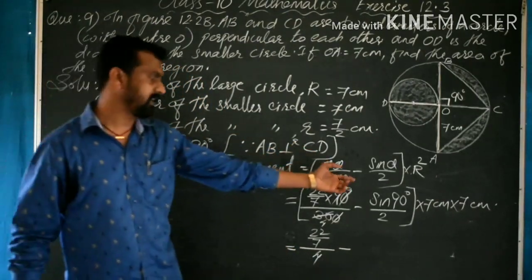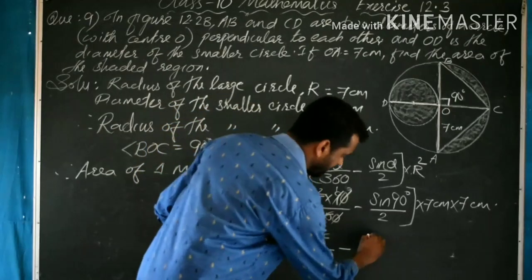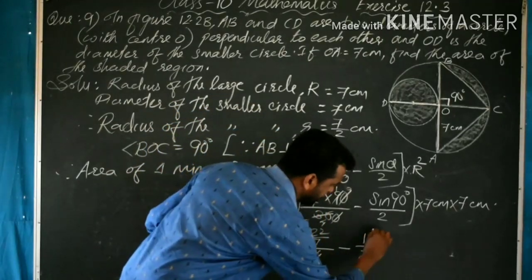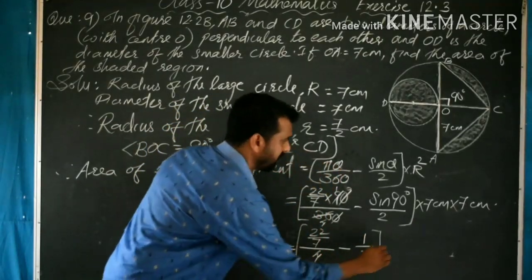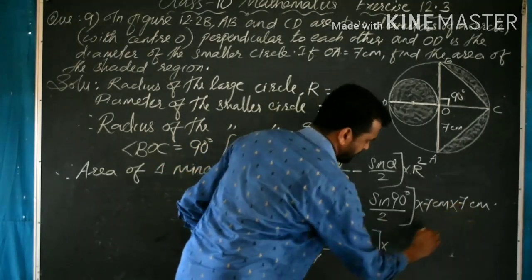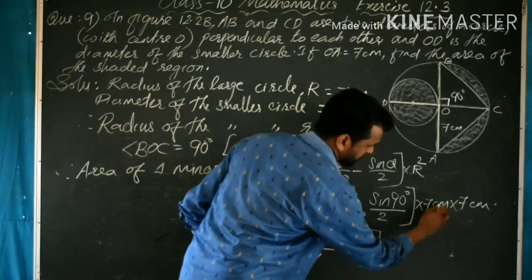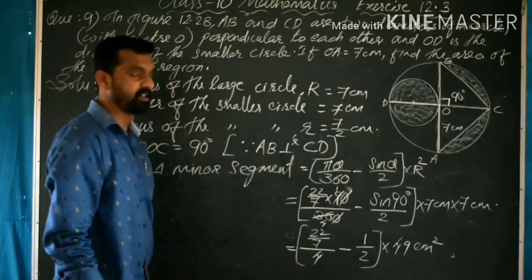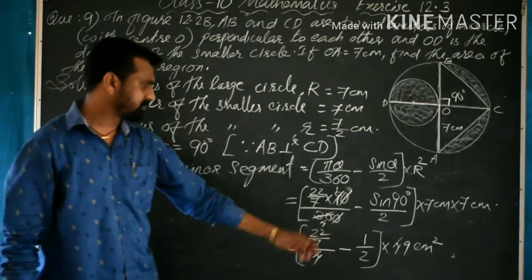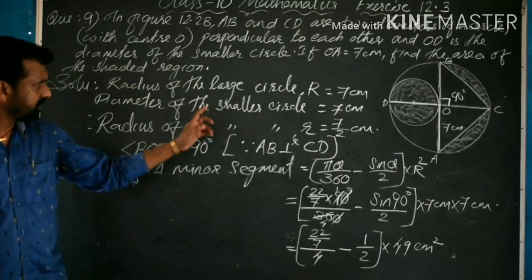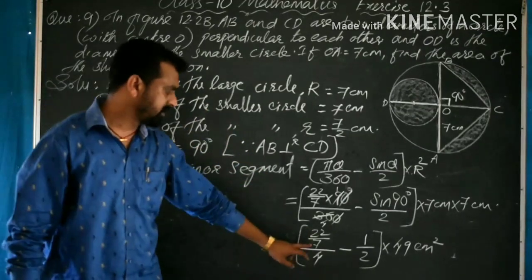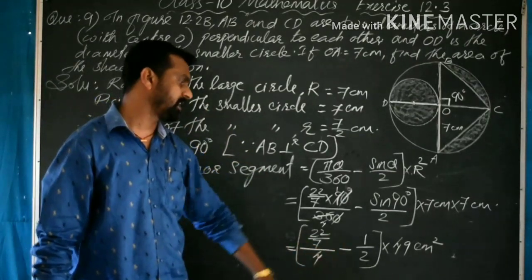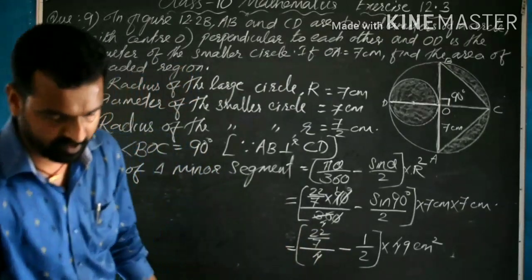Divided by 2 into 7 sevens are 49 centimeter square. Now we have to solve this: 22 divided by 7 divided by 4 minus 1 by 2 into 49 centimeter square.